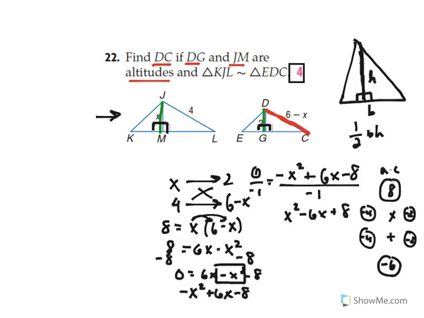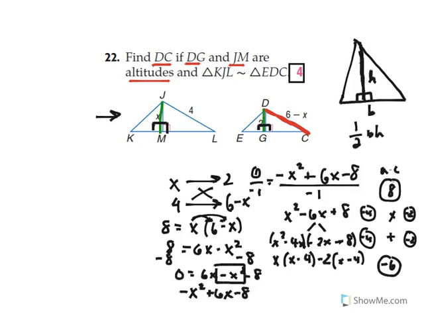So now I split my b term. I have x squared minus 4x minus 2x plus 8. I add my parentheses, and I get x minus 4, and I get negative 2, x minus 4.